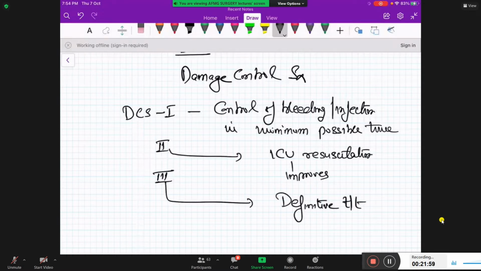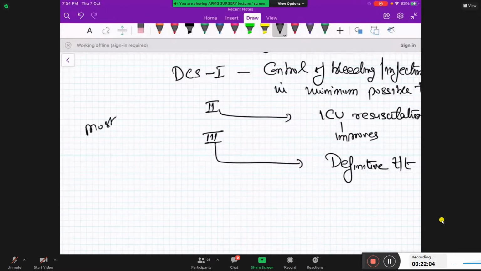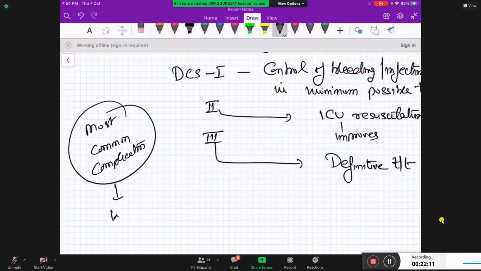And the most common complication of damage control surgery is wound infection. So you should know what the damage control surgery concept is. Any doubt?